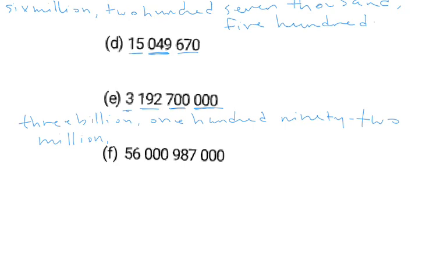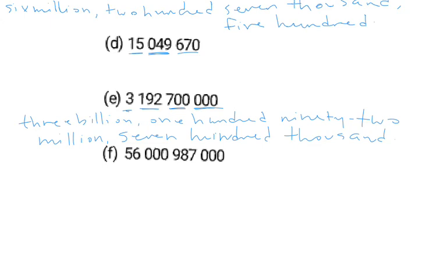And then in the thousands, I have 700, so 700,000. And I don't need to write anything for the ones because there is nothing there. I'm finished that one now.